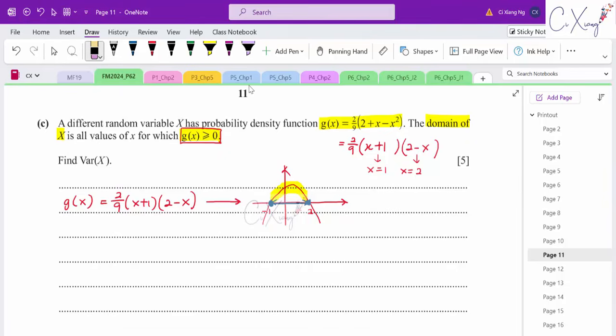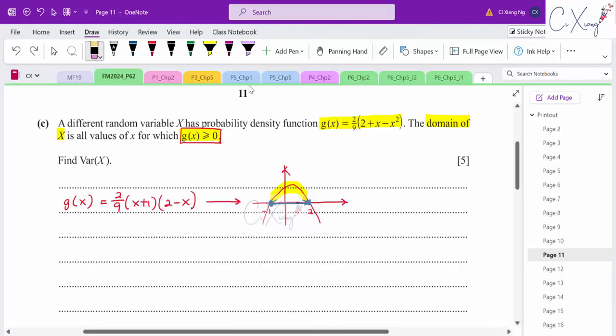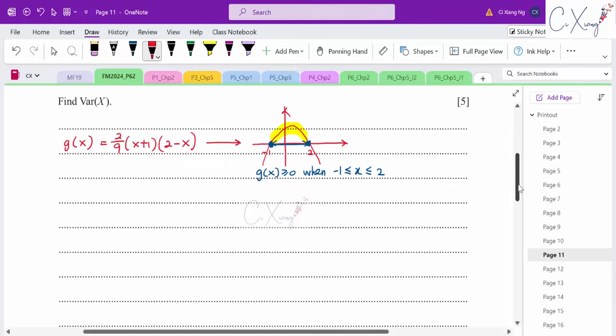From the diagram, I know that g(x) is greater than 0 when x is between -1 and 2. So I now know the domain, and I can continue to get the variance.